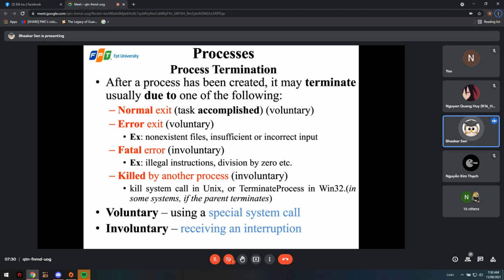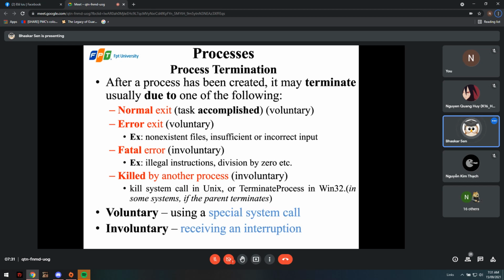We know what an interrupt is all about, because it is a hardware trap, and definitely the machine will have to abruptly kill that particular process. If it doesn't, then the machine itself will go into a hang condition, will become non-responsive, right? So we need to understand these four different ways that it can terminate.